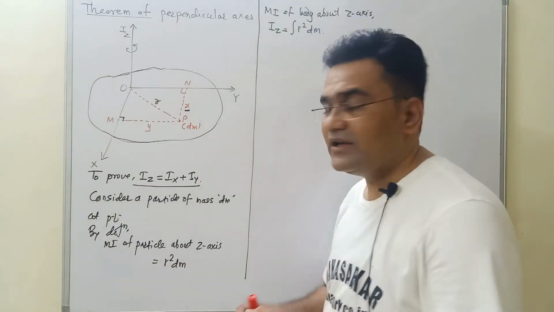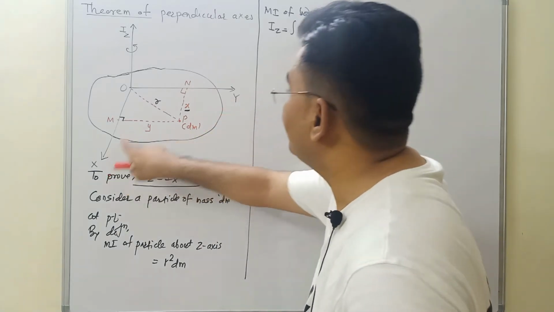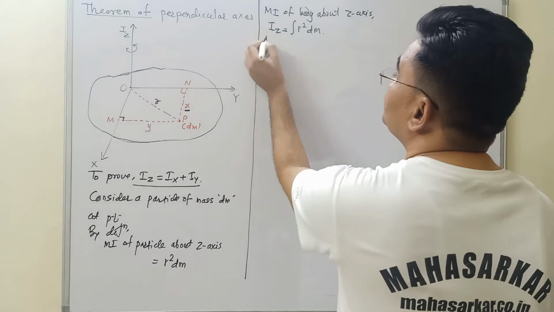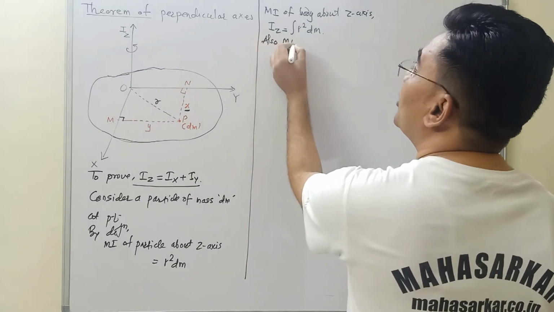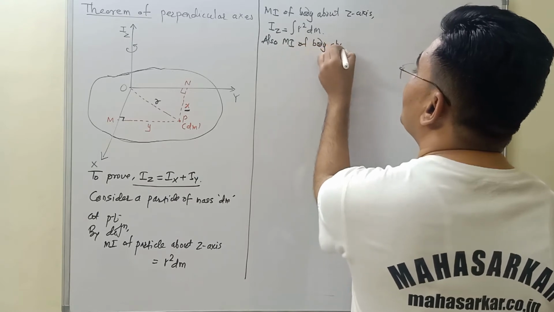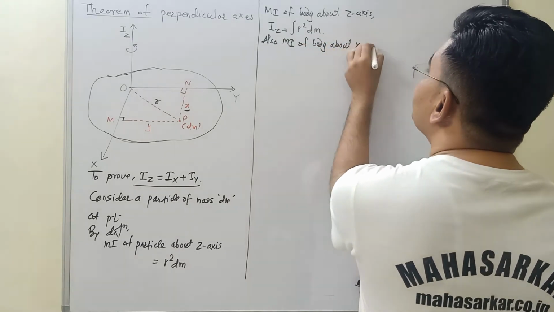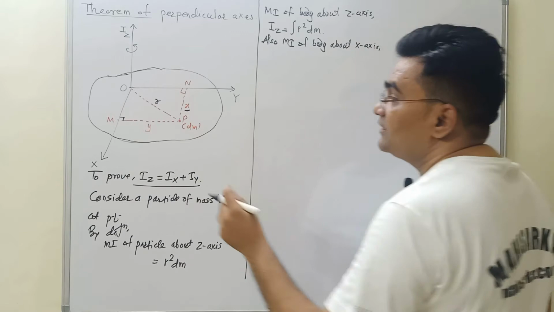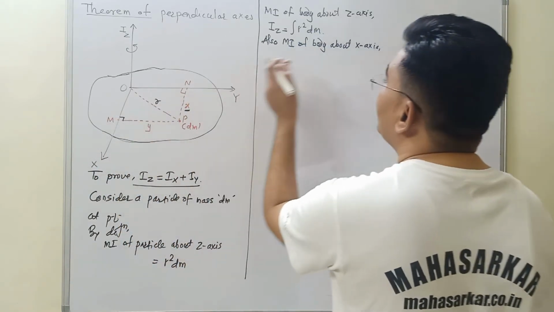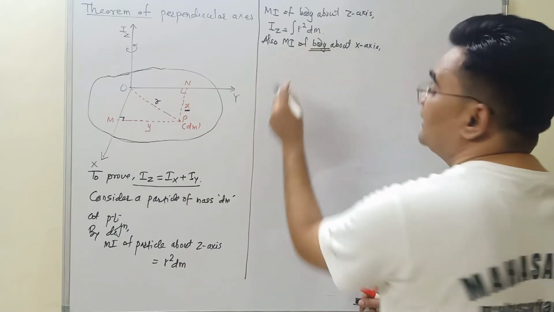Can we write similarly for the y-axis and x-axis? So the moment of inertia of the body about the x-axis: the perpendicular distance is y. I am writing for the body, not for the particle directly.